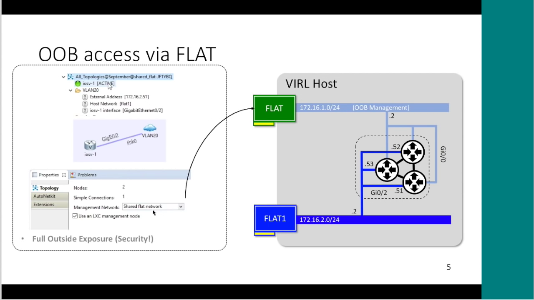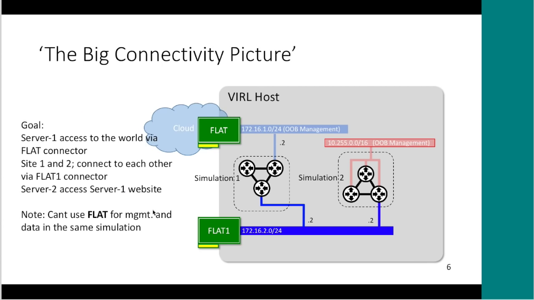So let's take a look at what this will end up looking like once we're all said and done. Again, our goal is to connect server 2 to server 1's web services. They're both two separate simulations running within VM Maestro. One of them is the default, which creates its own OpenStack routing or out-of-band management.